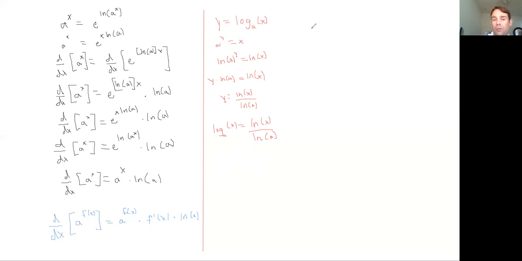So what if we wanted to figure out the derivative of log base a of x?